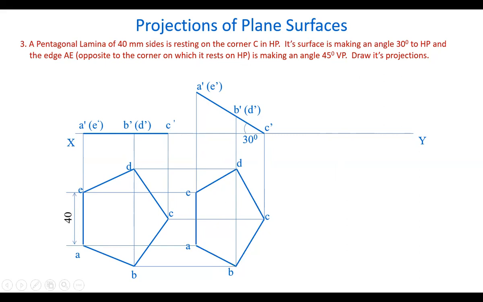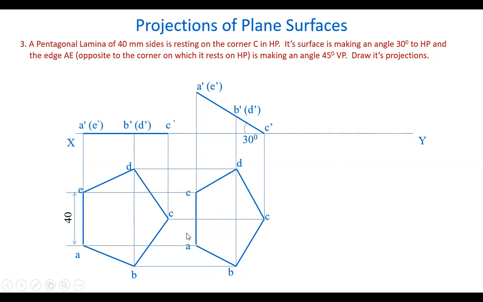But to understand further, it can sometimes be given like this also. That is, opposite to the corner C dash, on which it is resting on HP, what is that edge? AE. So this AE edge is making an angle of 45 with VP.